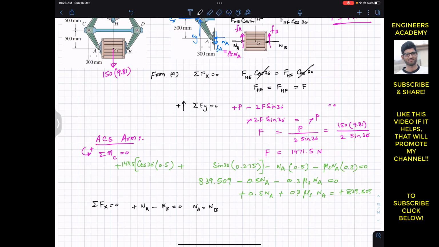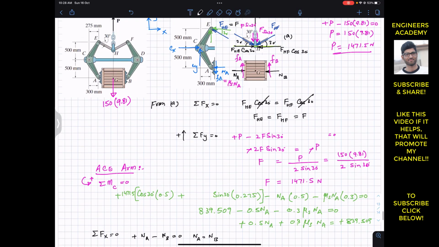And similarly, if we apply the summation of forces along Y, in this free body diagram the weight is acting at G as well. So let me show that weight, which is very important, and this is 1471.5 newtons.